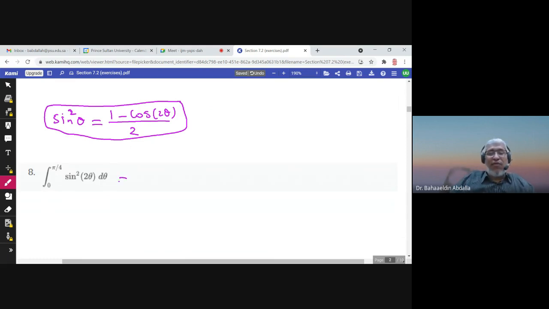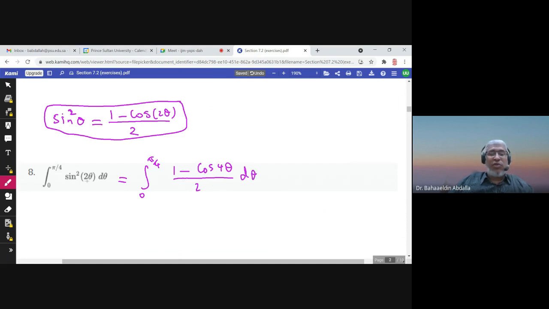So we will have integral from 0 to pi over 4 of 1 minus cosine, but this is sine square 2 theta. So when we have theta, we multiply it by 2. So when we have 2 theta, it would be cosine 4 theta over 2 d theta.